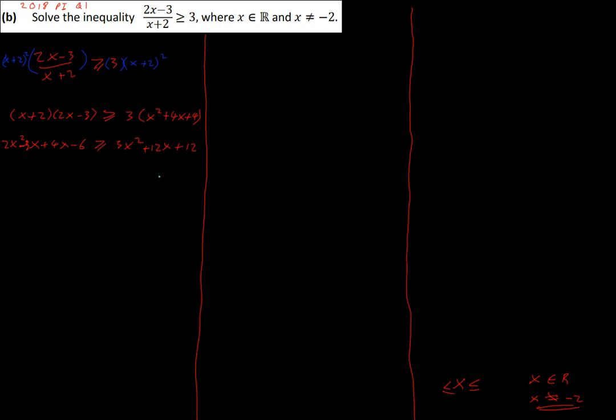I recognize I've gotten a quadratic something, so now I am going to need to do some rearranging. For a quadratic means bring everything over to the left hand side, get it equal to 0.